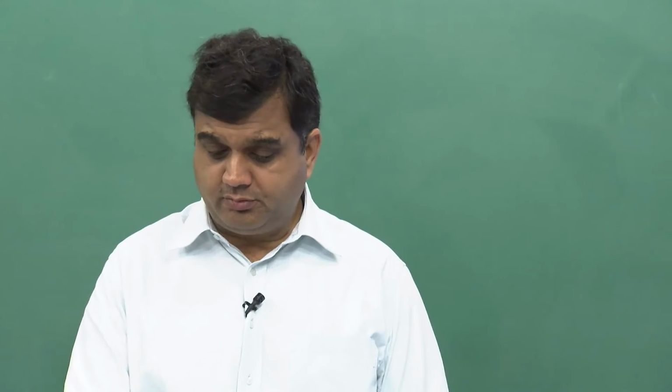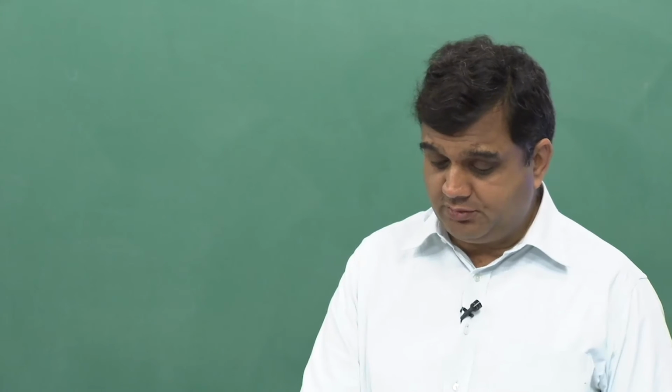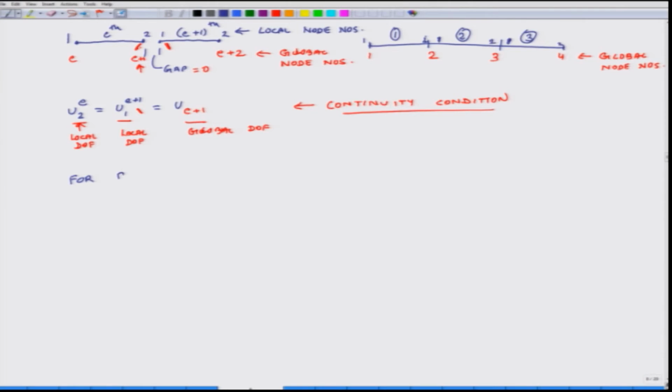In the context of our bar problem, we have three elements, and for three elements we will have one continuity condition at this node and another continuity condition at this node. What are those continuity conditions?